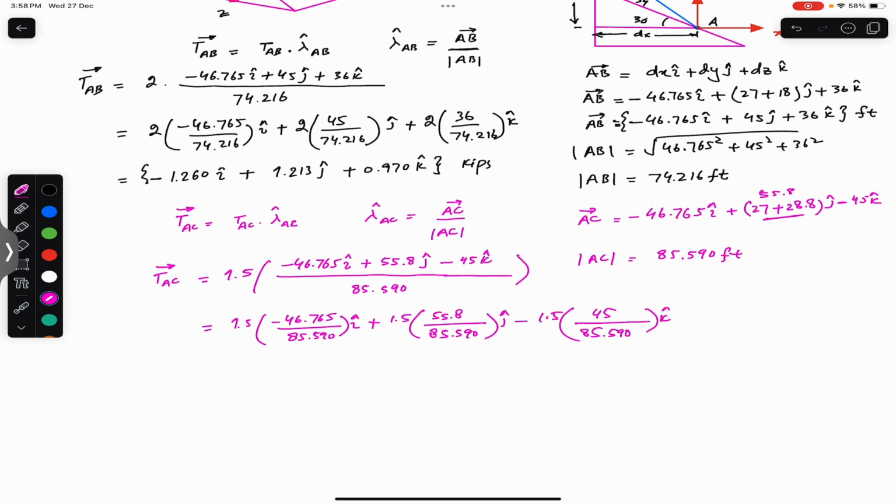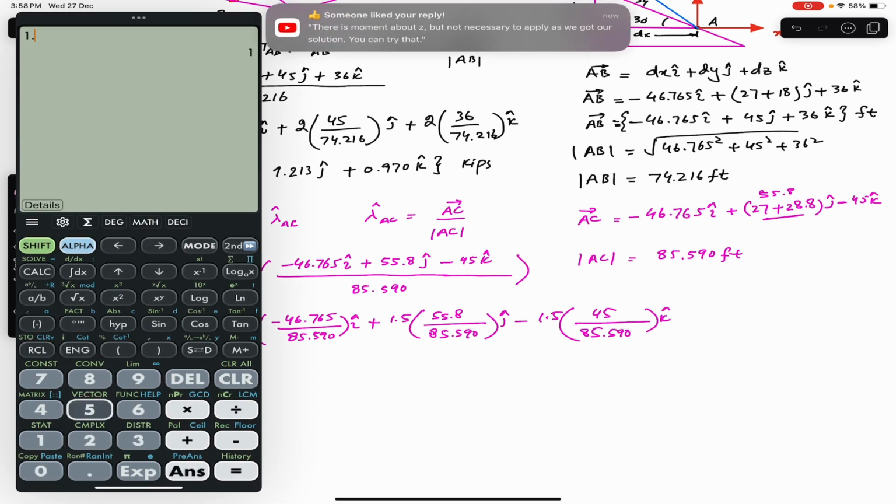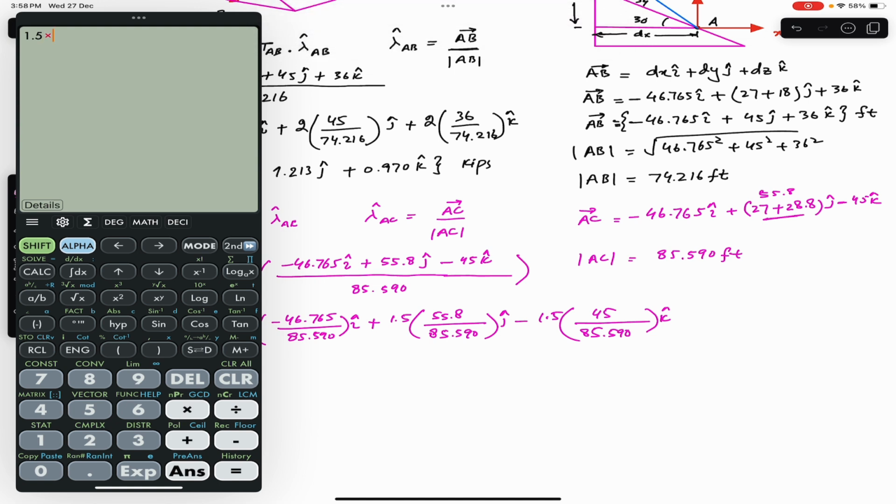So now let's find all these. 1.5 multiplied by 46.765 divided by 85.590. So this gives me 0.819.